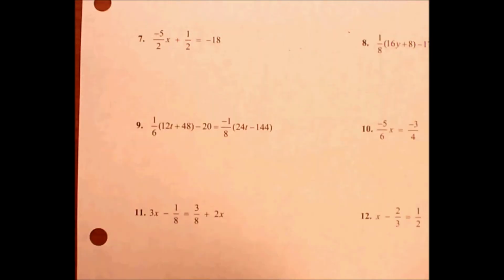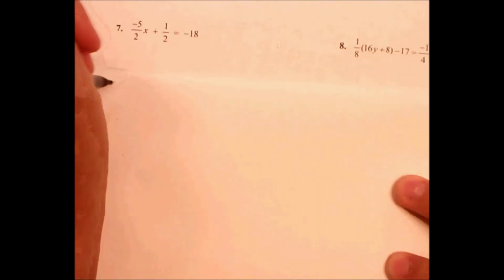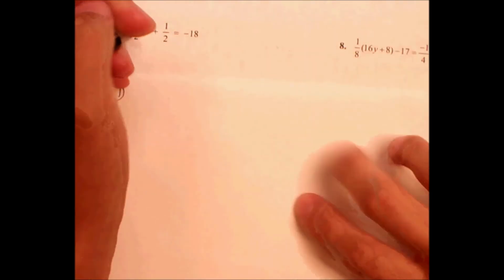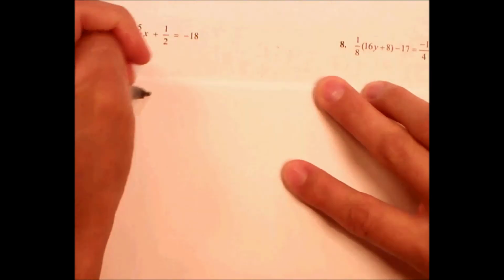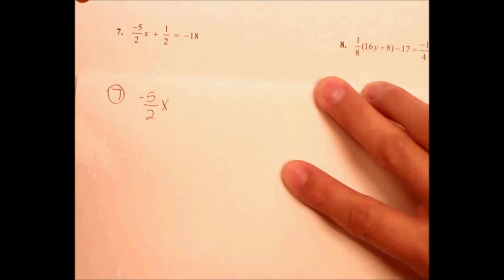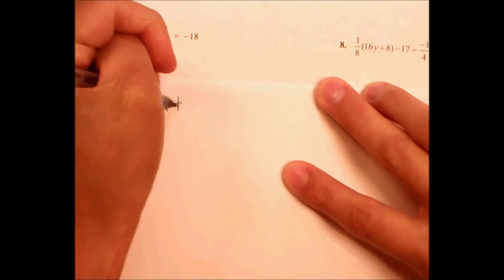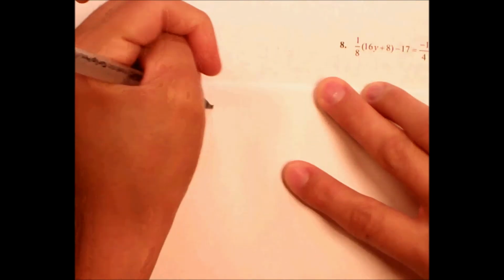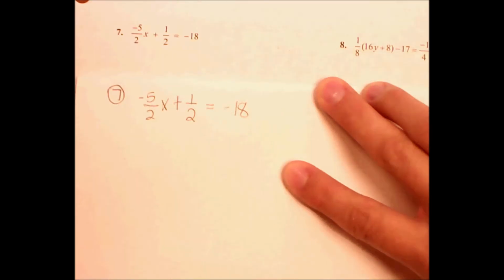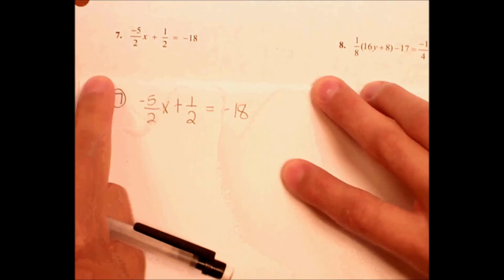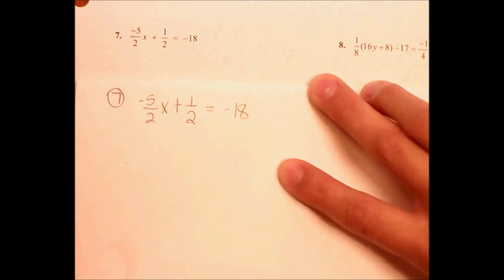Number 7, we have negative 5 over 2x plus 1/2 equals negative 18. We're going to multiply everything by 2.